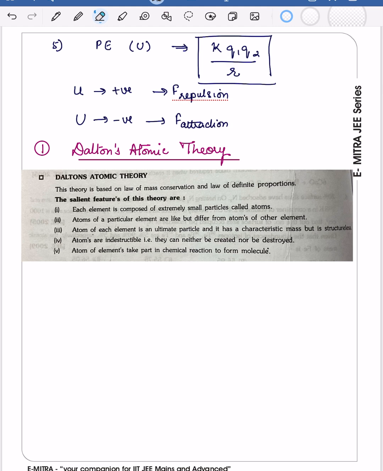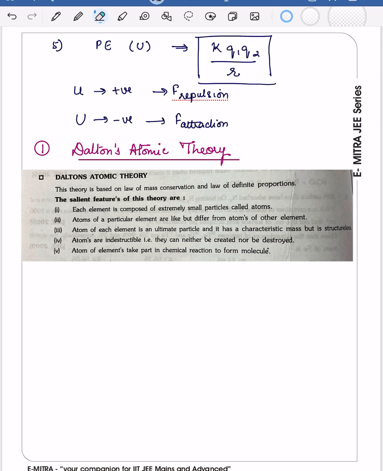So now let's talk about the structure of atom. Before we begin with the structure of atom, the concept of atom was given by a scientist called Dalton. He was the first one to talk about atom. So he developed a certain theory, and according to his theory, atom was considered to be a small, hard or dense substance, the smallest particle of matter which is indivisible in nature, means you cannot further divide it.